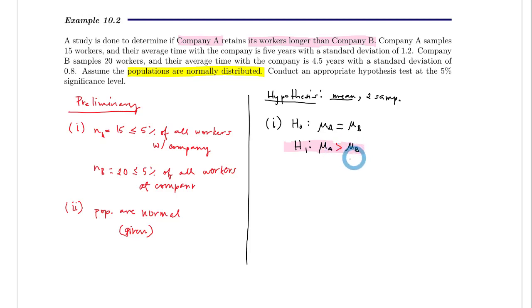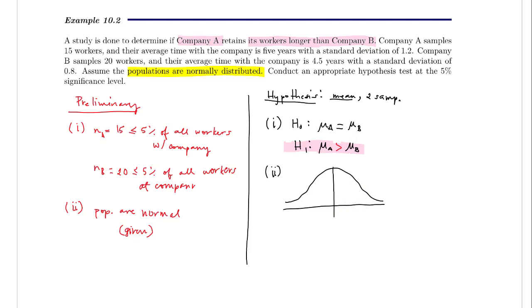So step two is now to draw the figure. Let's go ahead and draw that normal curve where we have the mean, the population parameter, in the middle.